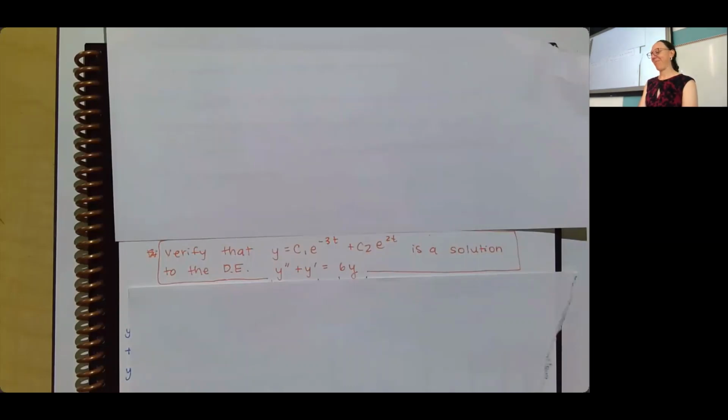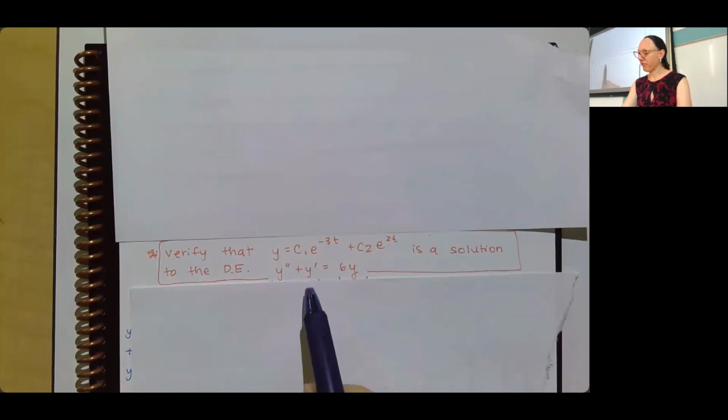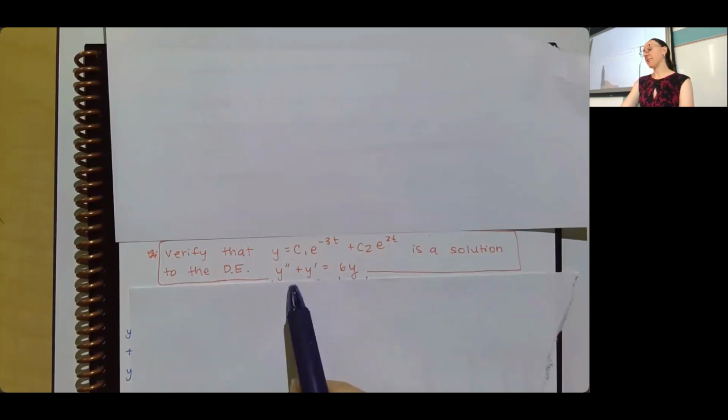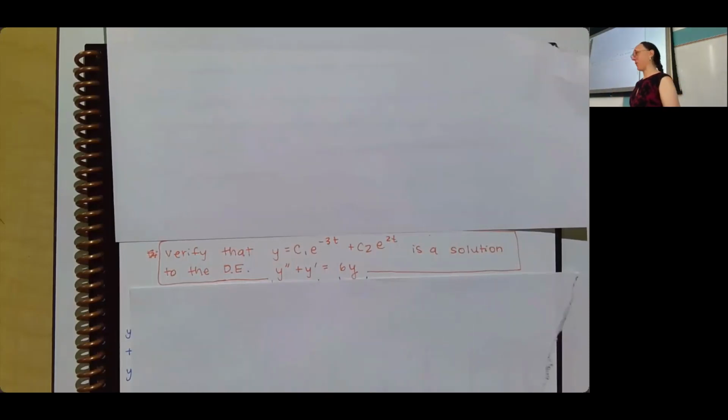It is autonomous because my derivative stuff is equal to something with only the y's. And I didn't write that y prime as dy dt. It's implied that the y prime is dy dt.